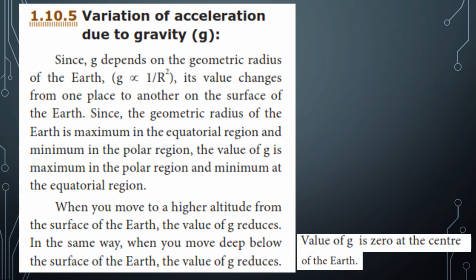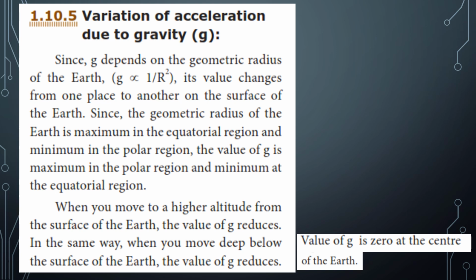Variation of acceleration due to gravity g. Since g depends on the geometric radius of the Earth, g is directly proportional to 1 by R squared. Its value changes from one place to another on the surface of the Earth. Since the geometric radius of the Earth is maximum in the equatorial region and minimum in the polar region, the value of g is maximum in the polar region and minimum in the equatorial region.